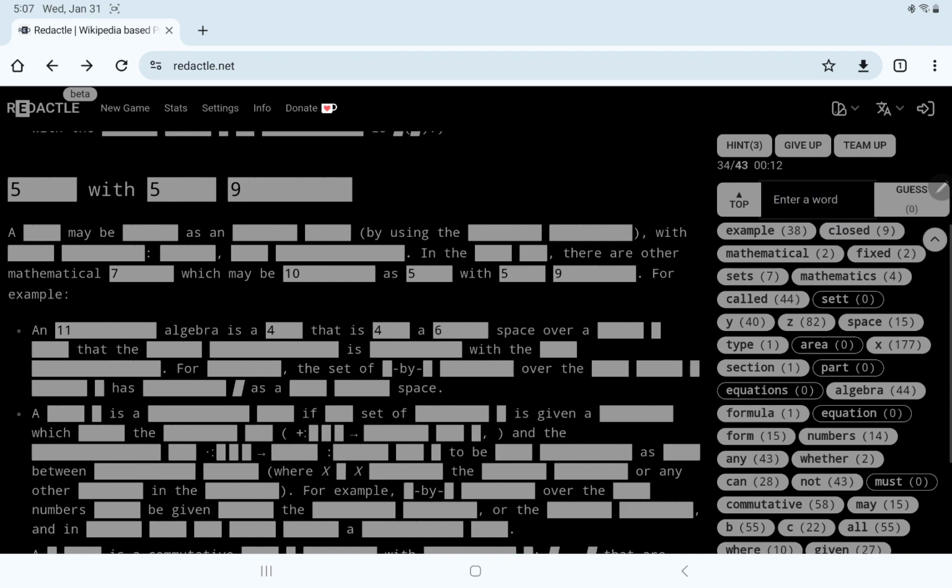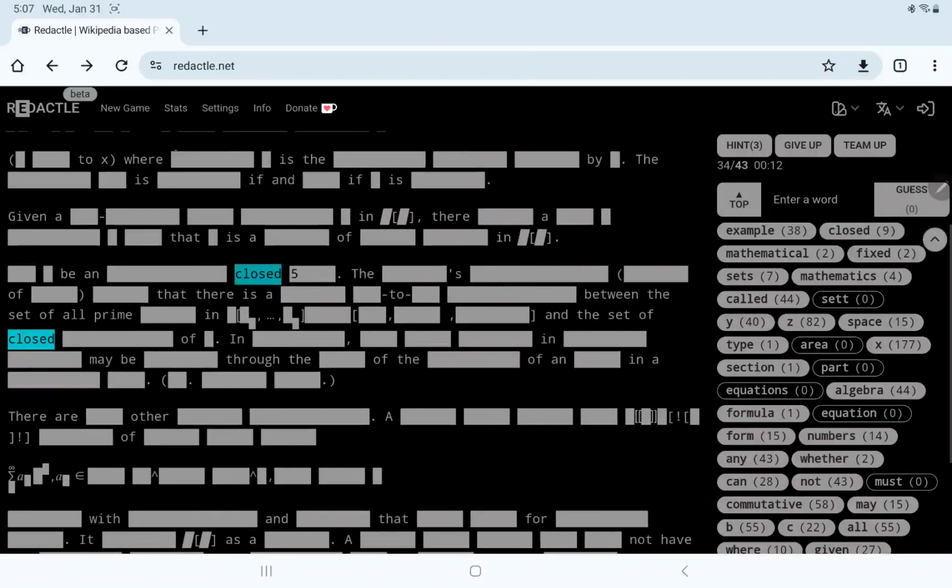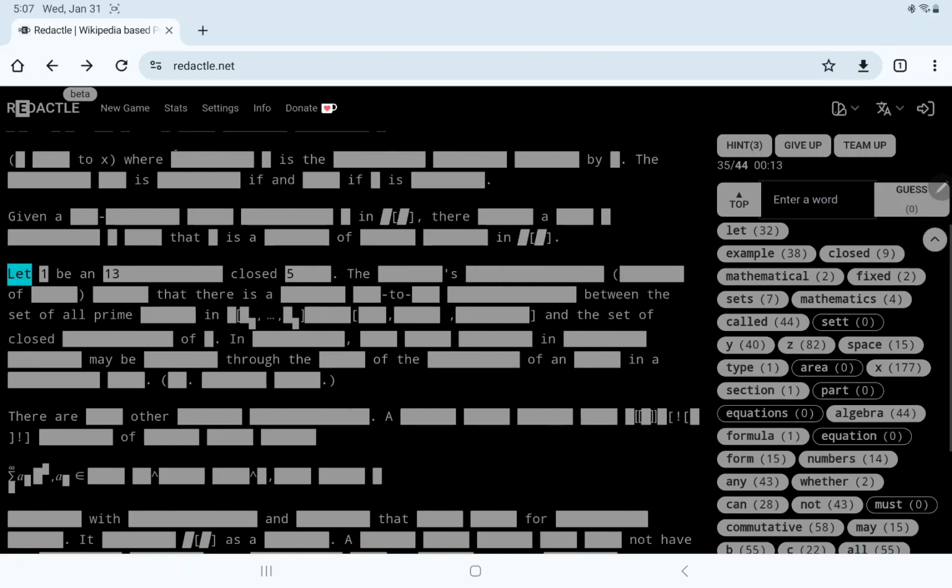Is it a closed space? No, there are 9 closed. 3, 1. That's, let, yeah, of course.